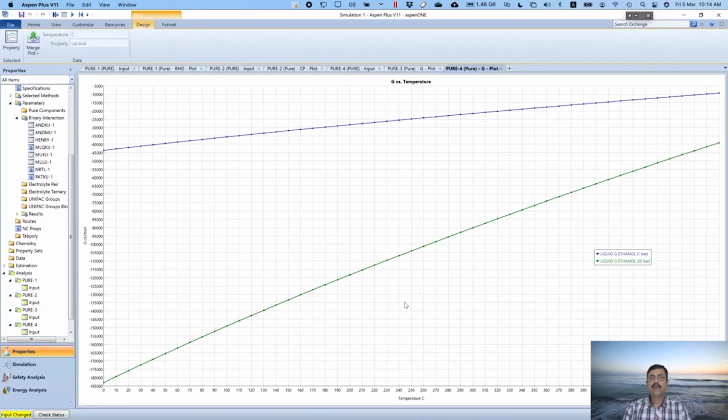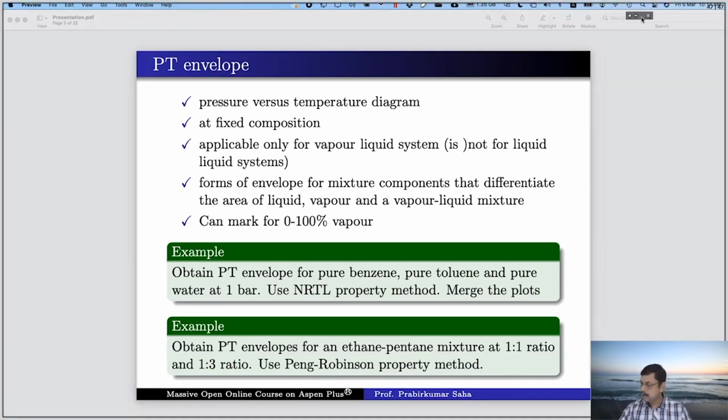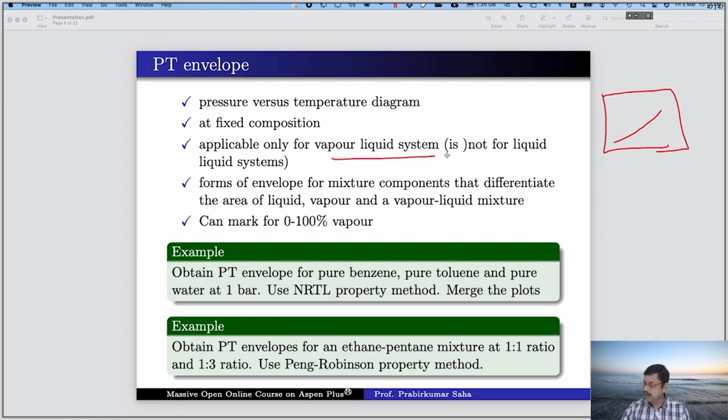And you can compare your theoretical knowledge of Gibbs free energy with the result that you get. The next one, we will learn what is PT envelope. Now, as I said, PT envelope is a pressure versus temperature diagram. So it is applicable only for vapor liquid system, not for liquid liquid system. And it forms an envelope for mixture compound.